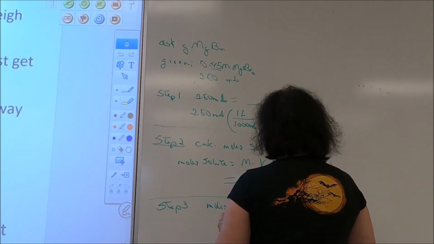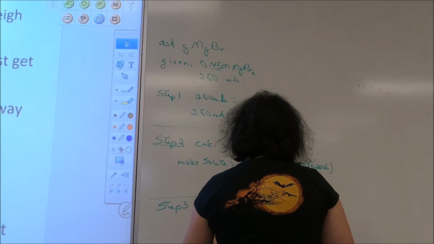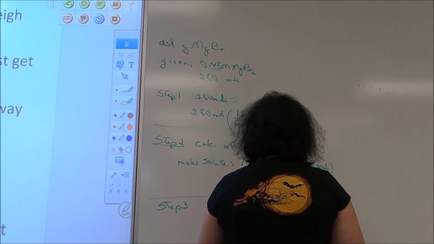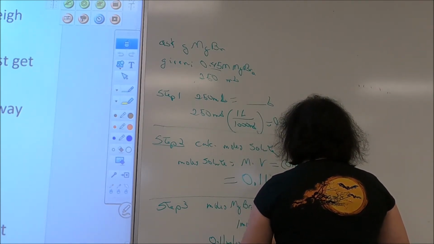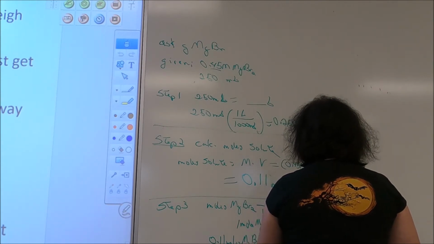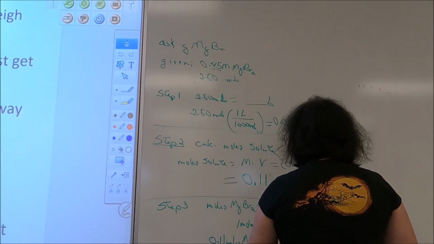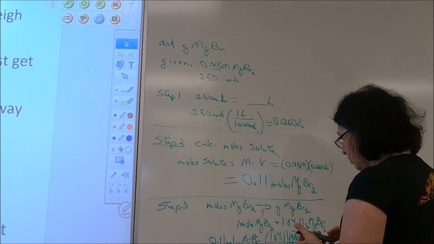Now, finishing this off then, I'm going to take 0.11 moles of magnesium bromide times 184.11 grams magnesium bromide for every 1 mole of magnesium bromide. Moles and moles divide out.